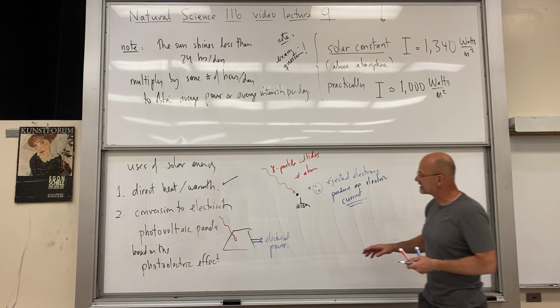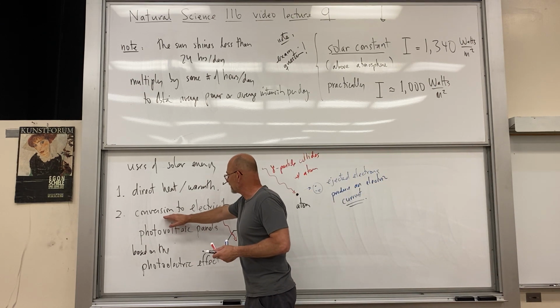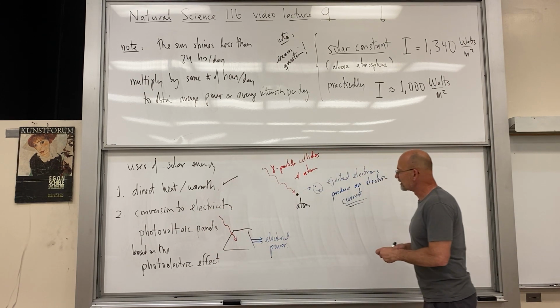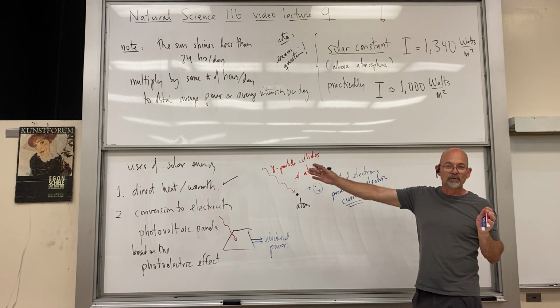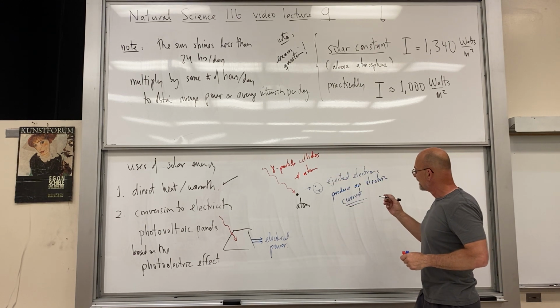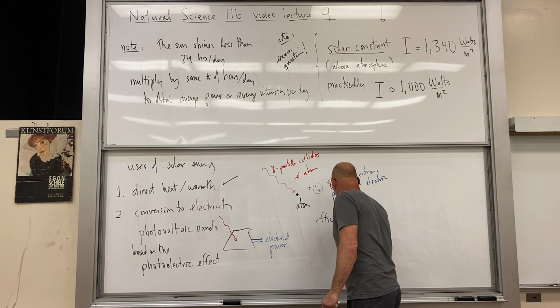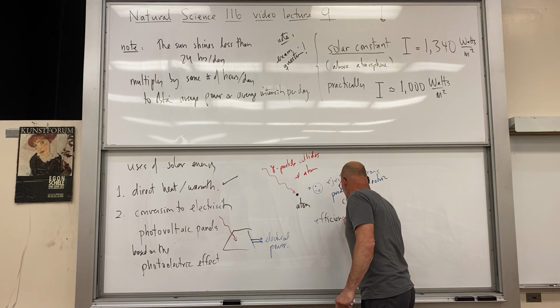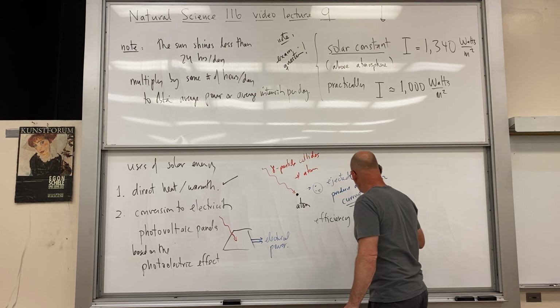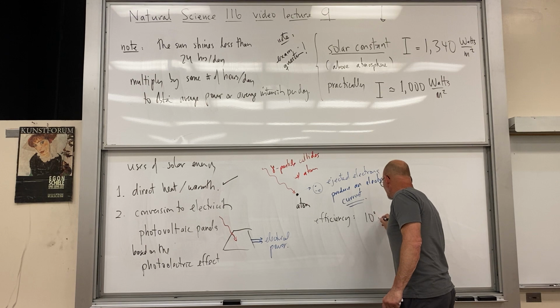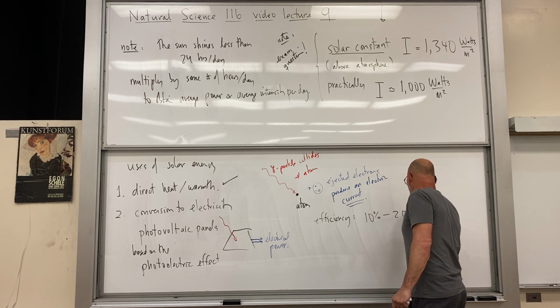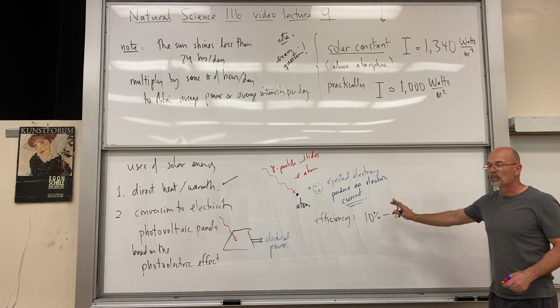So yeah, the direct conversion to electricity is what we're talking about when we have these solar panels on the rooftops that you see everywhere else. And what's important for our purpose now is the efficiency of the solar panels. Efficiency. And it's somewhere between 10 and 20%. I think 20% is becoming more and more common.